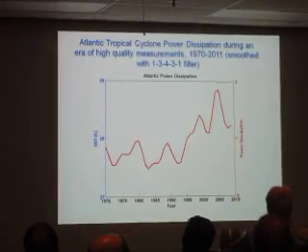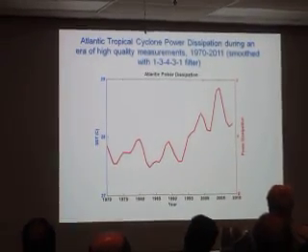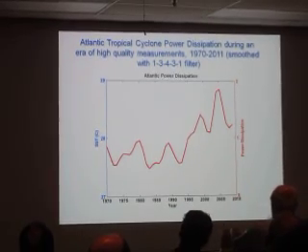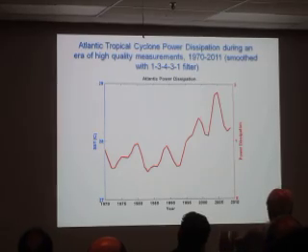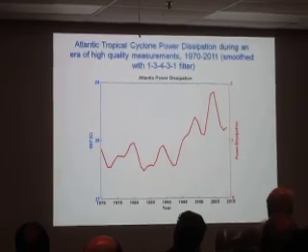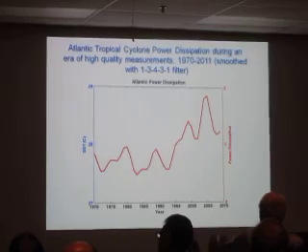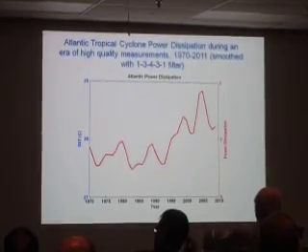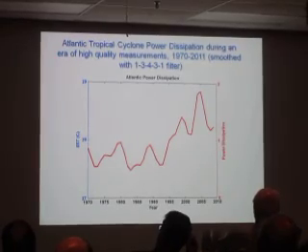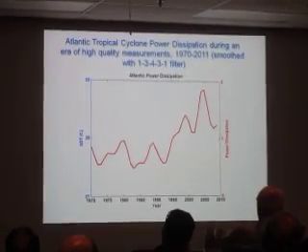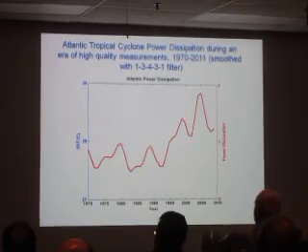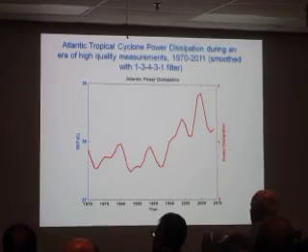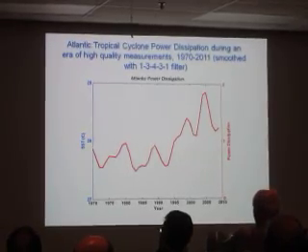If we look at the Atlantic over the last 40 years or so, this is what we see. I'm showing you the Atlantic, even though it's only about 12% of the total, because far and away we have the best hurricane data there. We've systematically been flying airplanes since the mid-1940s, although it wasn't until the introduction of inertial navigation in the late 1950s that we started to get good wind speeds, and they didn't become really good until about 1970, which is why I'm starting the series then.